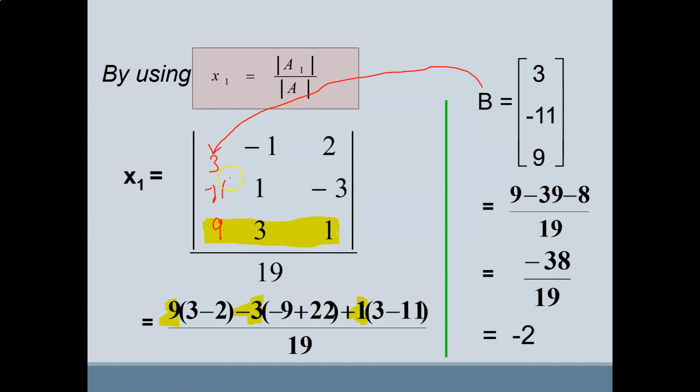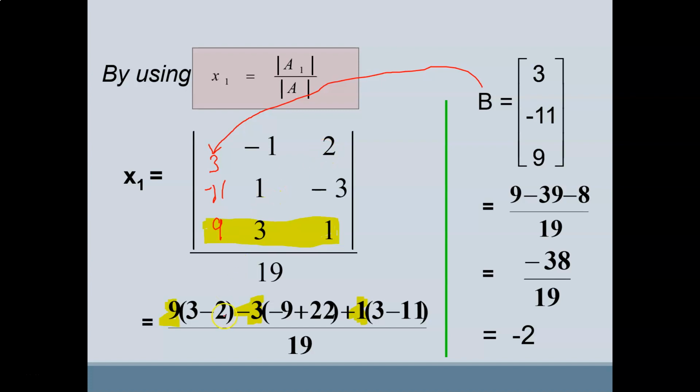So I pick any row or any column. It's up to you. Okay, semua mana-mana row or mana-mana column pun betul. Okay, so I choose the last row, the third row, which is this one, 9, 3, and 1. So I buatlah macam tadi. Kalau ada 9 ni, I tutup the first row, the third row. So yang tinggal is -1 times -3, I get 3.